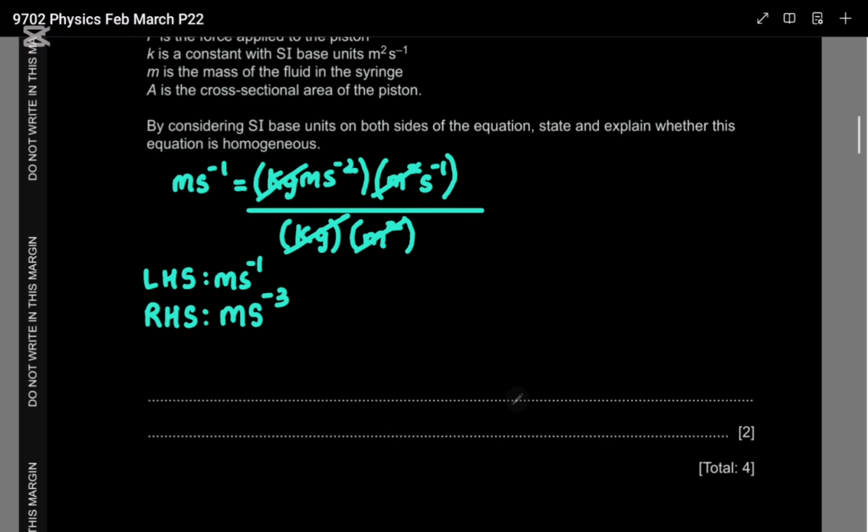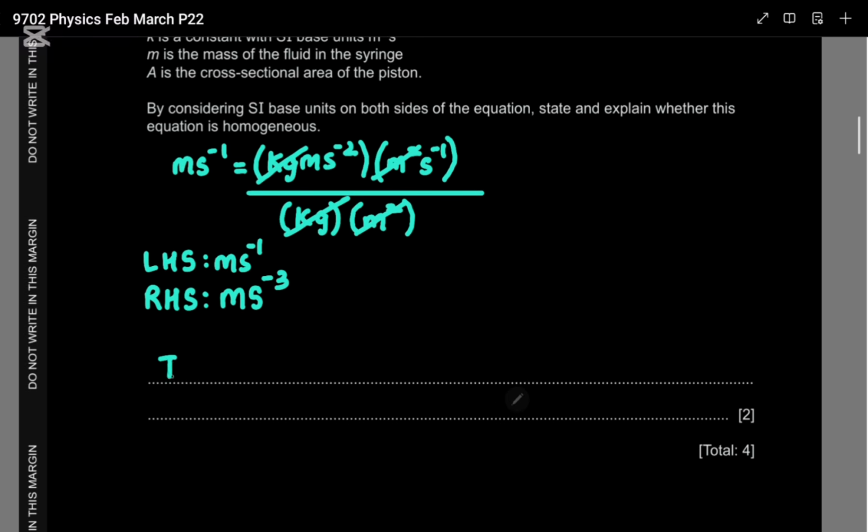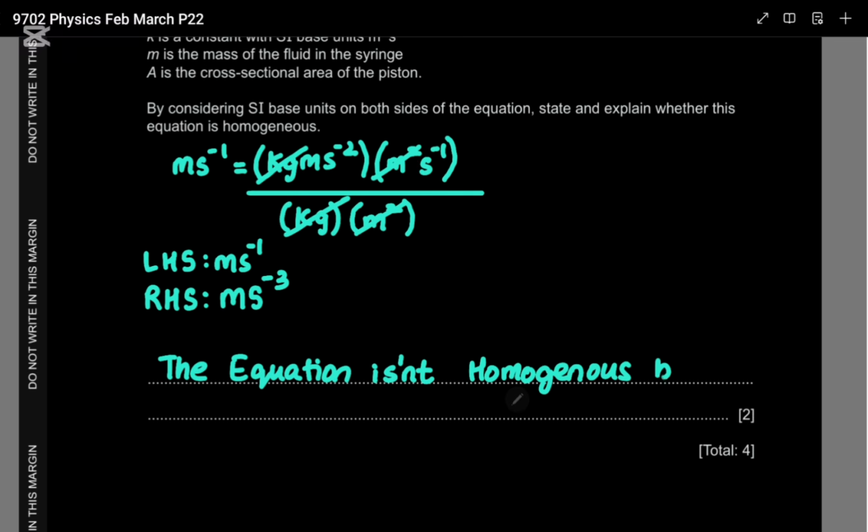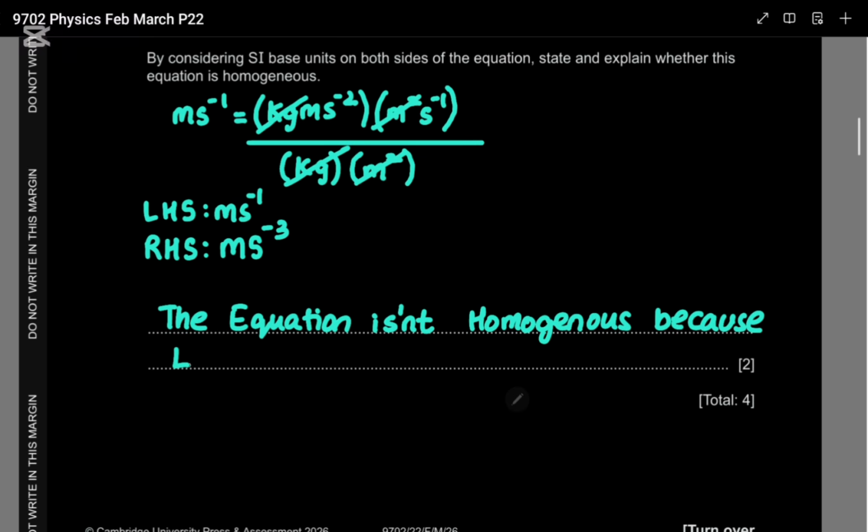Now we can say that the equation isn't homogeneous. Why? Because left hand side is not equal to the right hand side, okay? So that's it for question number 1.